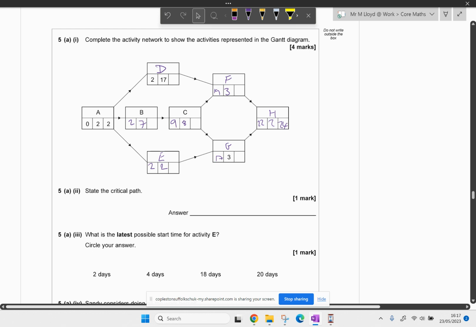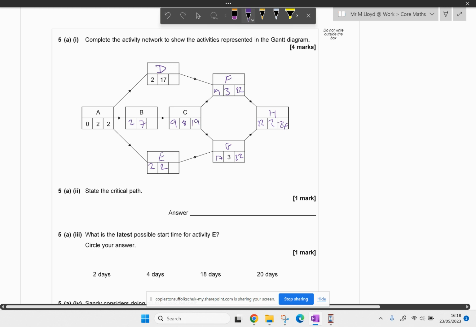So for F, 24 take away 2 is 22. And then for G, same thing, 22. For E, 22 take away 3 is 19. 20. So that goes into there.